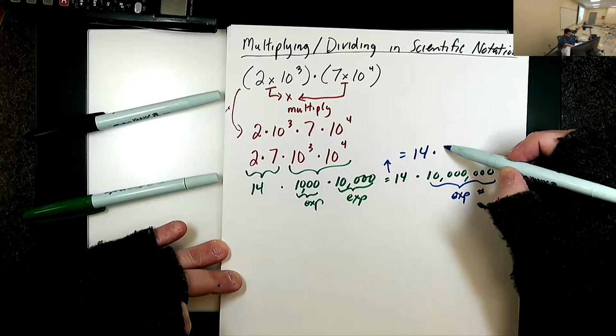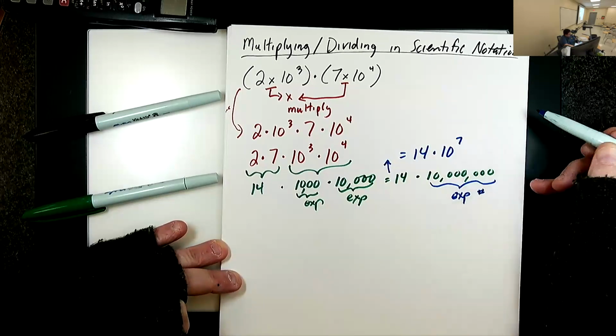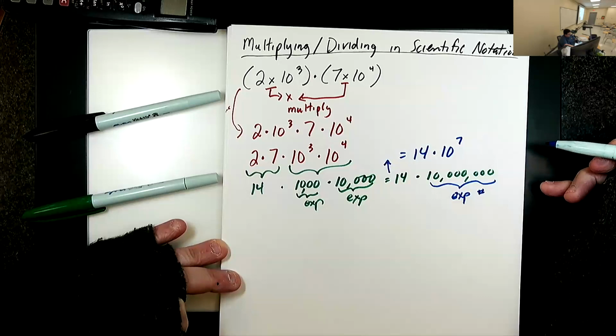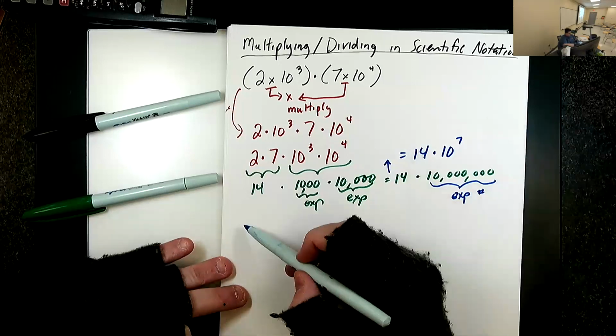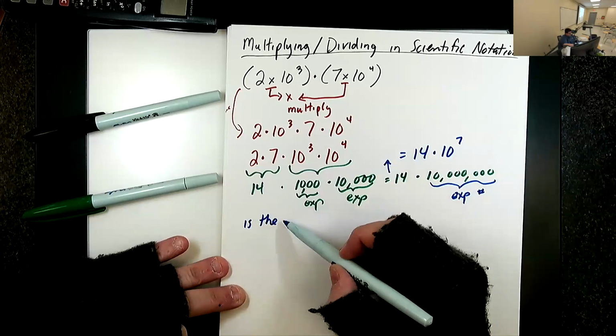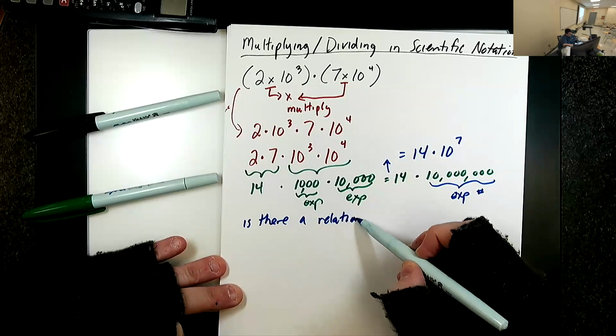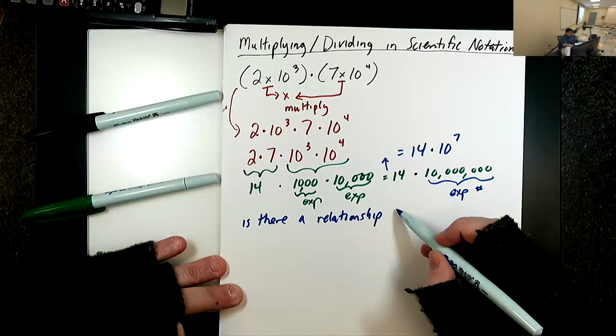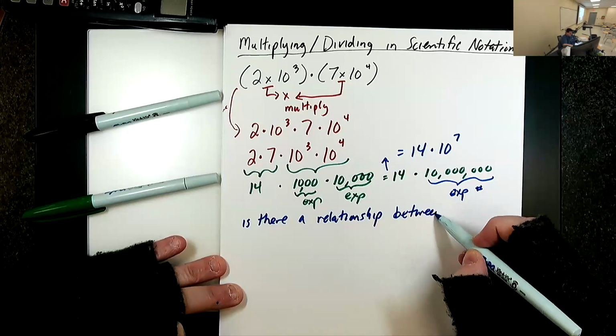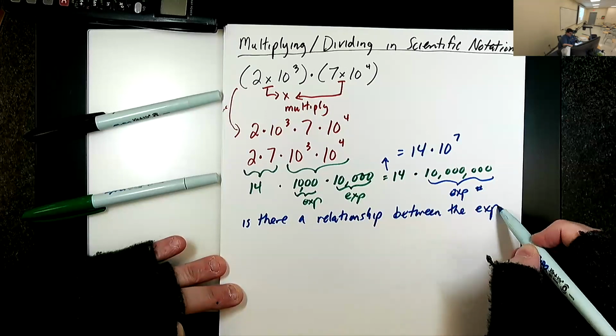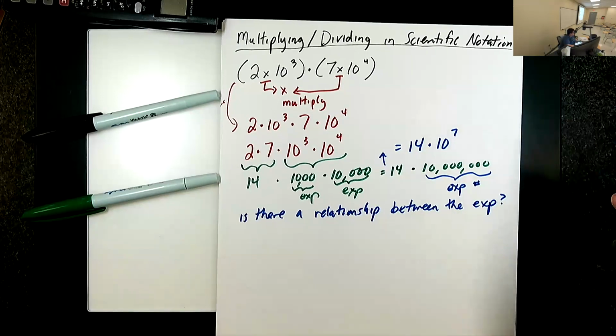There's 7 there. Is there a relationship between the exponents? And if so, what is it?